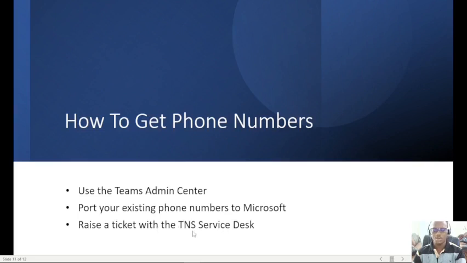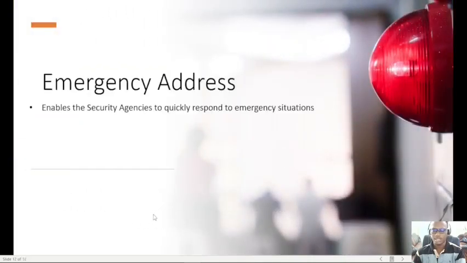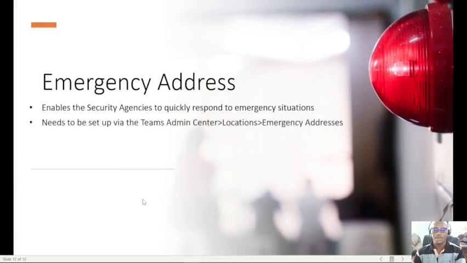Before now, we had what we call the number request form. But that has been deprecated, and so you make use of the Teams Admin Center to raise a ticket with the TNS service desk, and then you'll be assisted on that. Don't worry, we're going to look at all of this shortly so you can have a proper understanding of what we're talking about. Right, so let's talk about this before we get into the configuration itself.